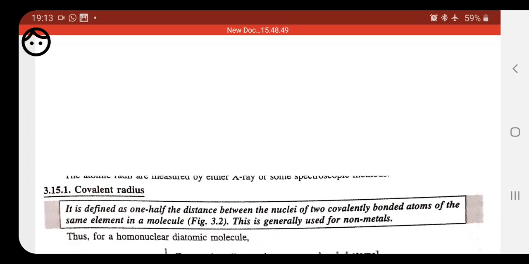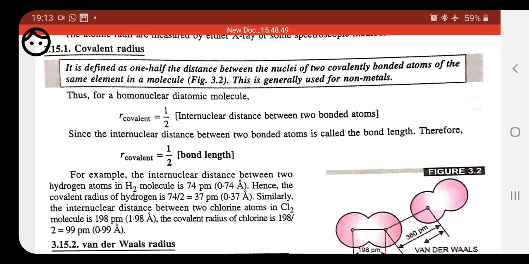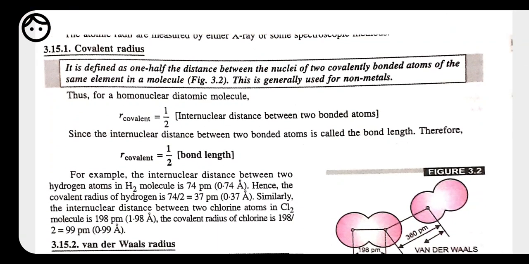Okay, for the covalent radius, we know that non-metals are always present in their diatomic form. Like chlorine, or oxygen, which is never present in O form, it is always present in O2 form. So the radius can be calculated, because these two atoms of oxygen overlap with one another, since they are present in the diatomic form.